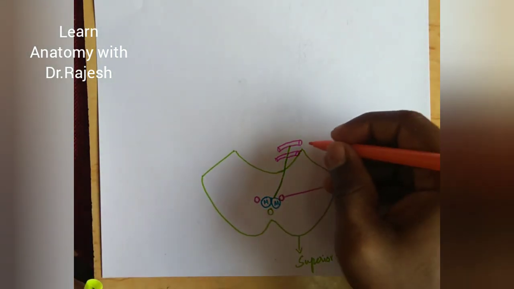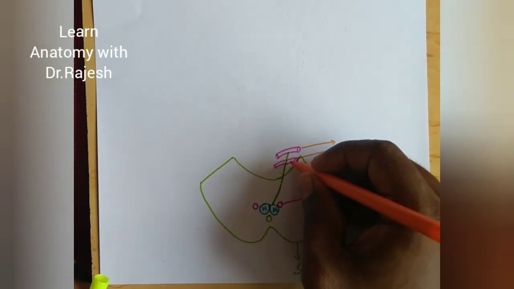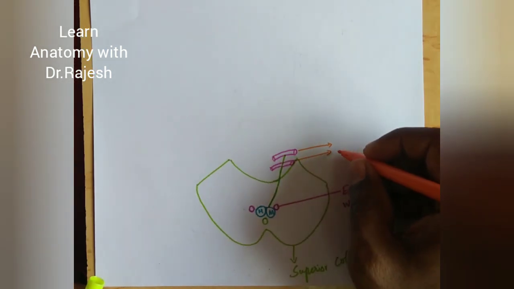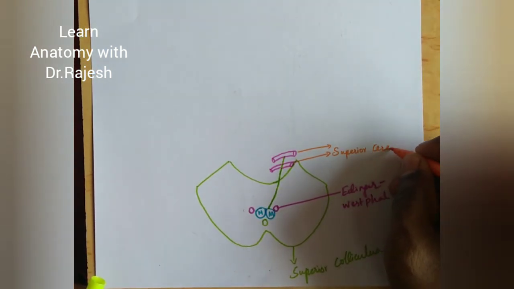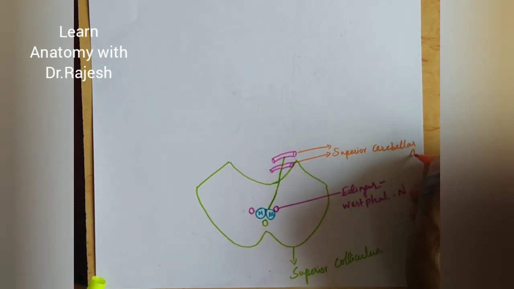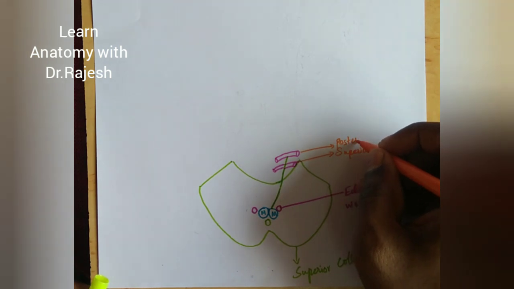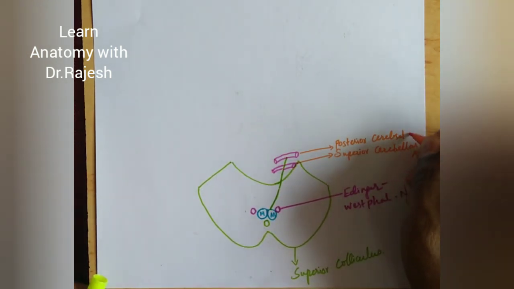So the artery passing inferior to the nerve is the superior cerebellar artery, and this one is the posterior cerebral artery.